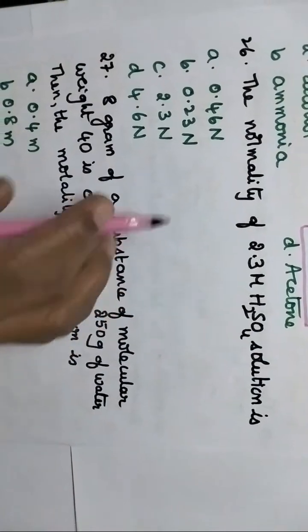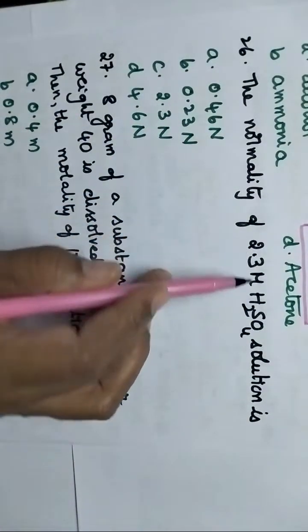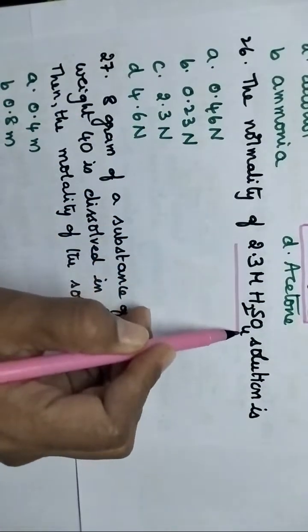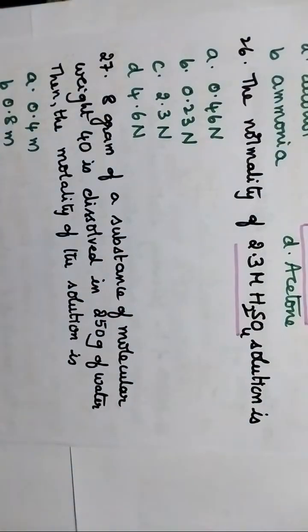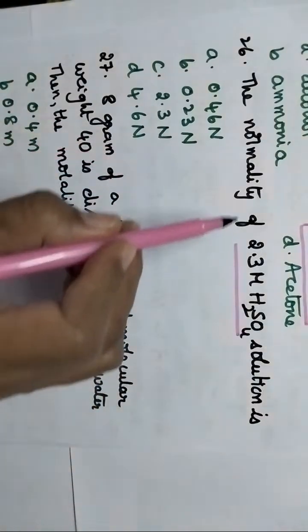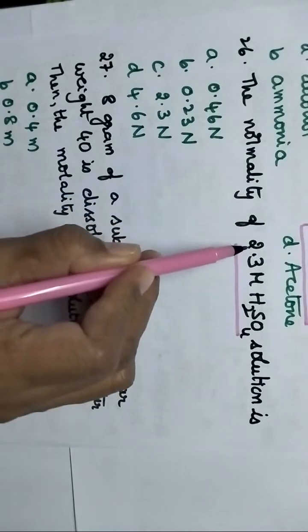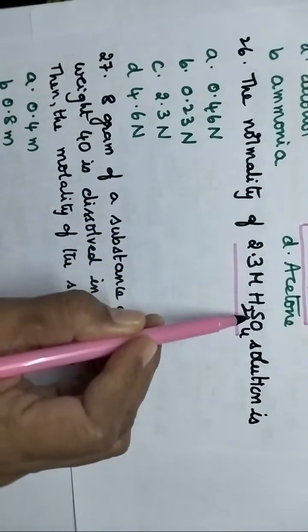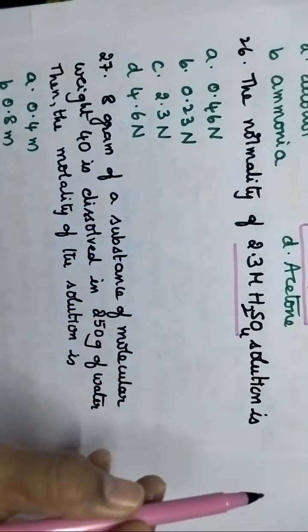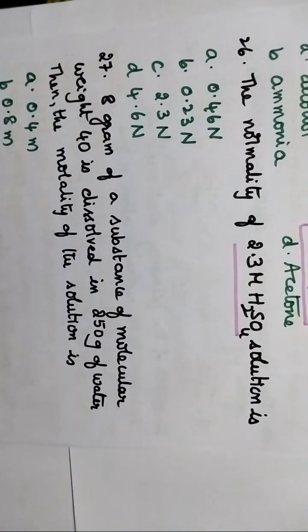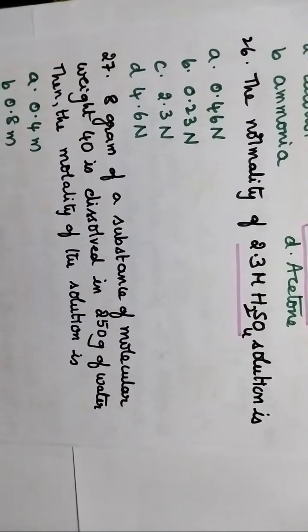You do this problem. The normality of 2.3 molar sulfuric acid solution is... Give your answer.